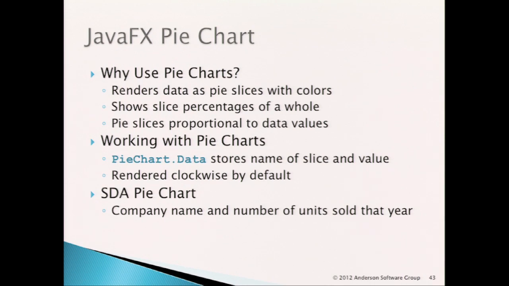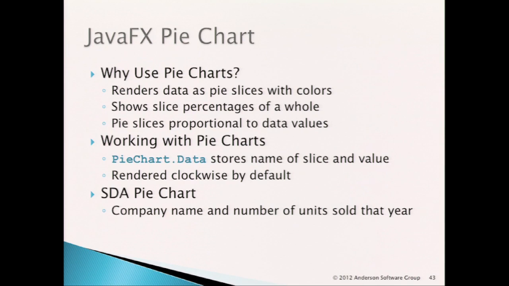All right, now when you work with pie charts in JavaFX, you'll work with PieChart.Data, which stores the name of your slice and its associated value. And when a pie chart is rendered, it's rendered clockwise by default. Specifically, it starts drawing at 0 degrees, which is 3 o'clock on the clock, and then each successive slice is drawn in a clockwise direction.